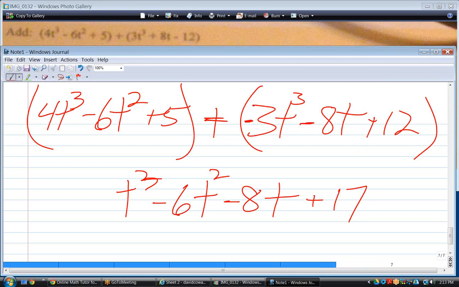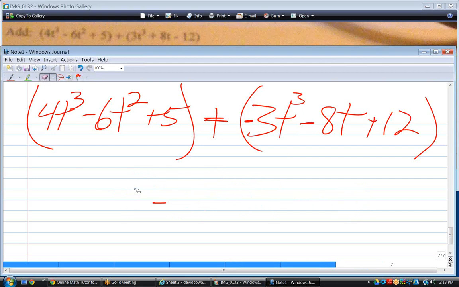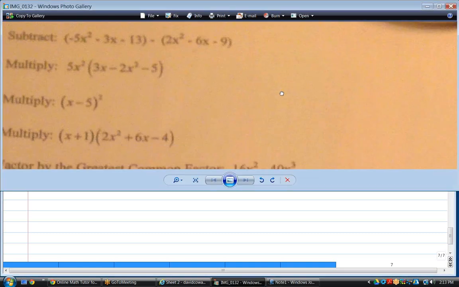Now you can get rid of the parentheses. This becomes minus 3t cubed minus 8t plus 12. That's the way you handle subtraction, whether it's followed by a single term or a bunch of terms. Okay?